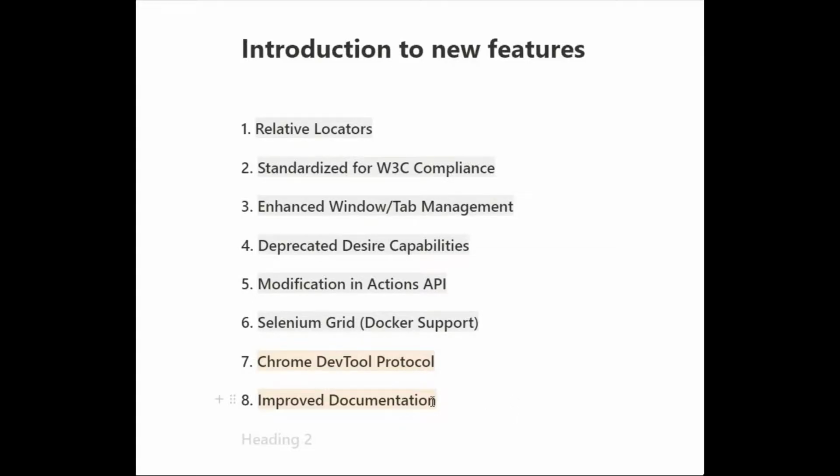Now the last two features, but not least: it provides the Chrome DevTools protocol, and the documentation is also improved in Selenium 4. If I talk about the Chrome DevTools protocol, you can perform different things in a browser with the help of this protocol. Let me show you this on the official website.